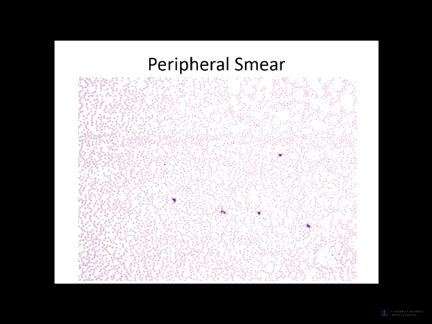This is low power. What's notable for this smear? It's hard to tell for you guys on low power, but you can see that these purple spots here, this is not Barney. These are white blood cells, the nucleus.